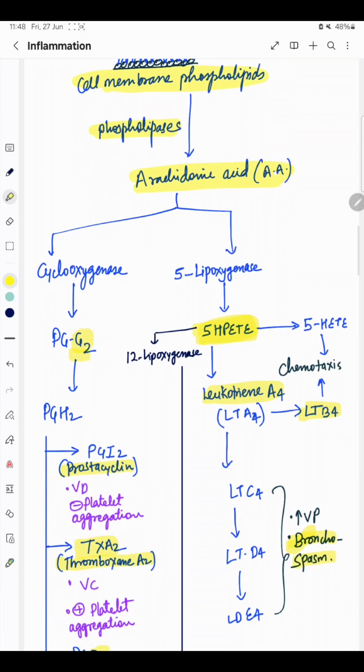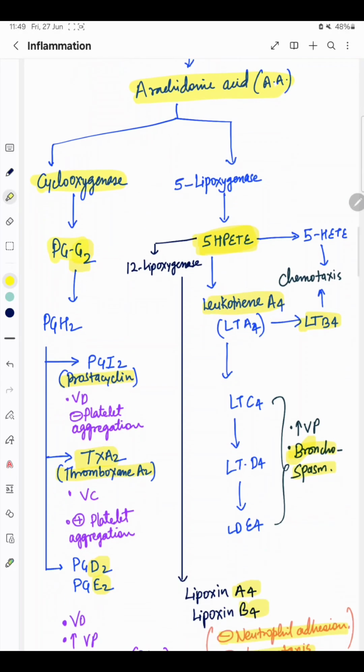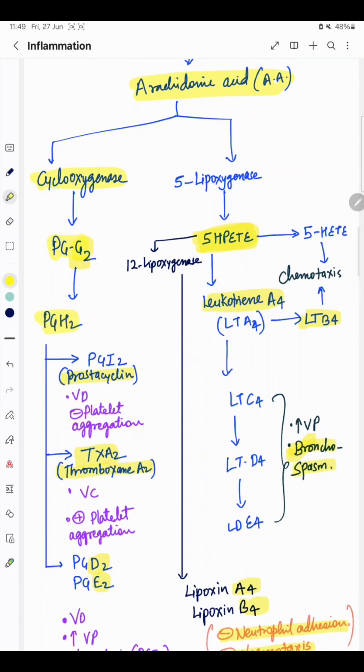Arachidonic acid, by the action of cyclooxygenase enzyme, is converted into prostaglandin G2, which is further converted into prostaglandin H2, then prostaglandin I2, thromboxane A2, and prostaglandin D2 and E2. Prostaglandin I2, also known as prostacyclin, acts as a vasodilator and inhibits platelet aggregation.